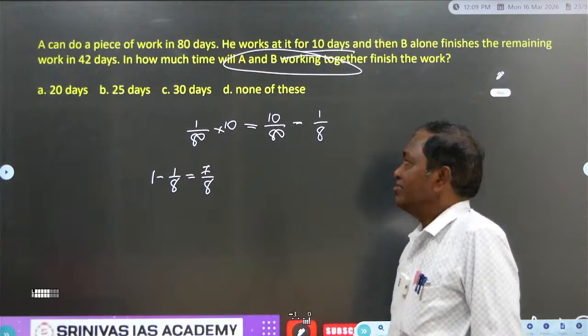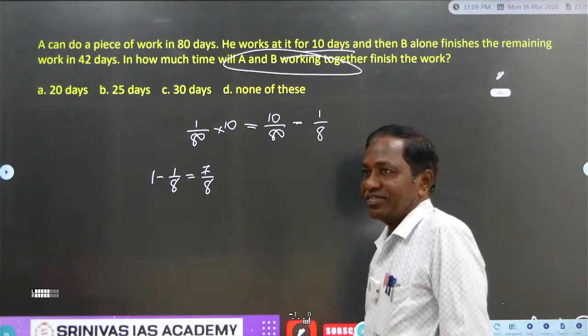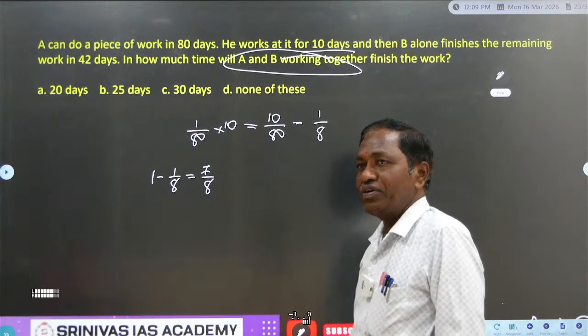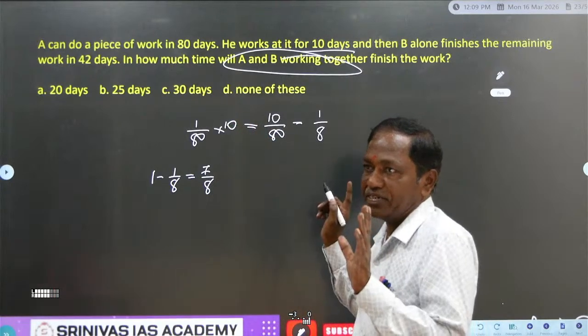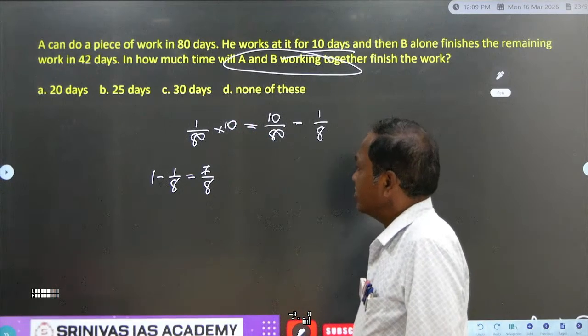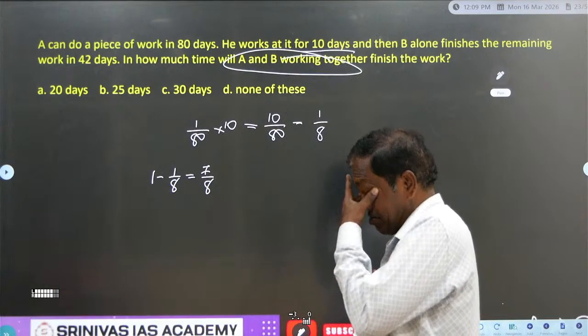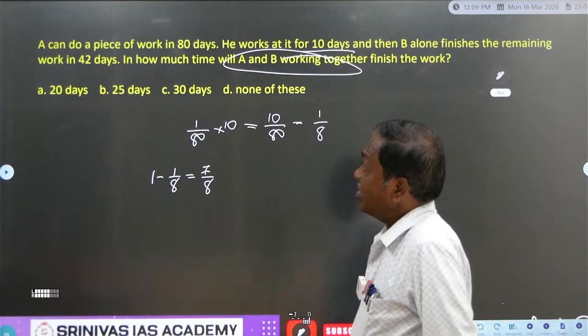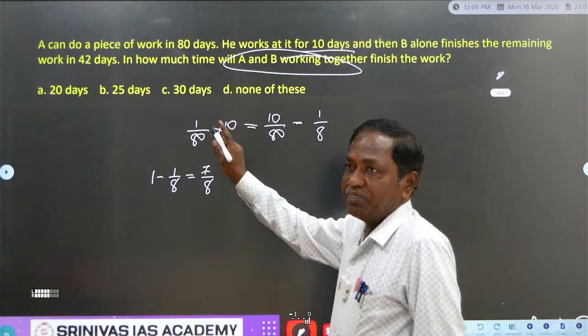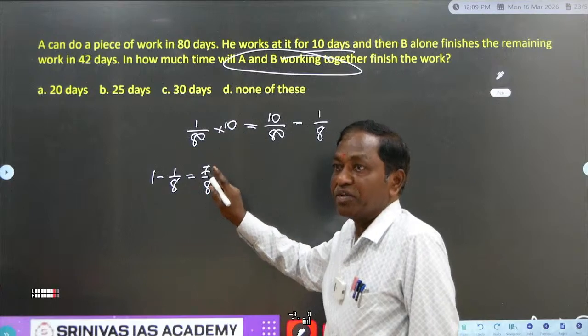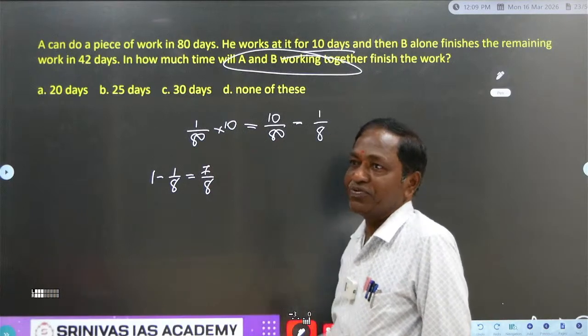So 7/8 into 42. The question doesn't say that B alone can complete the whole work in 42 days. The remaining work he completes in 42 days.